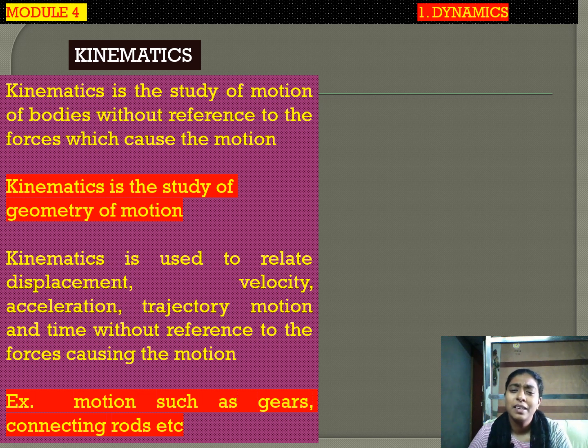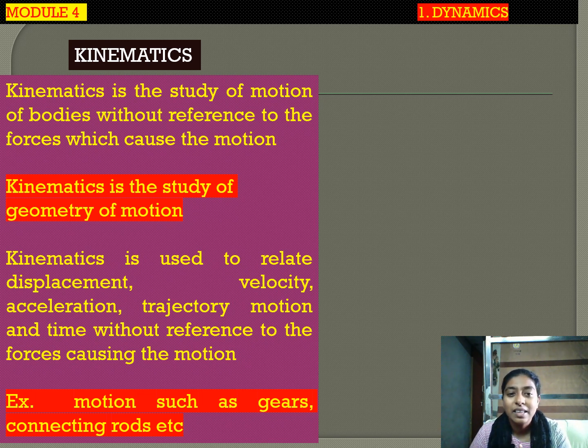Now some basic things about kinematics. So the forces are not considered. Now it is the study of the geometry of motion. So what do you mean by geometry of motion? Nothing but relating displacement, how much it has moved, the velocity, acceleration, trajectory motion.